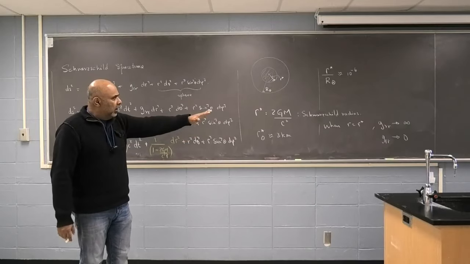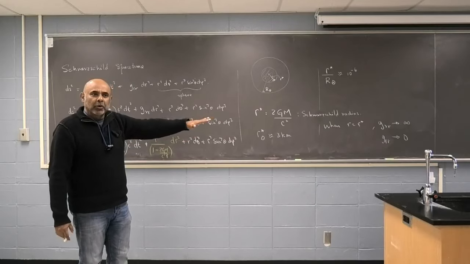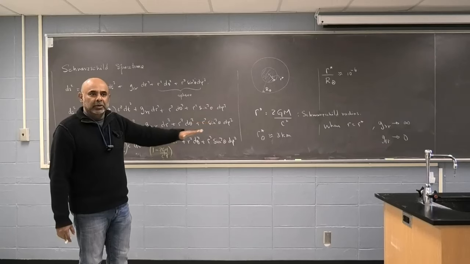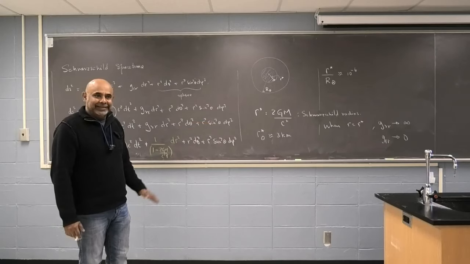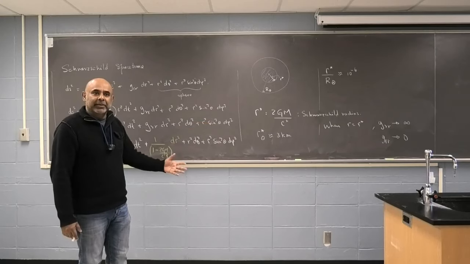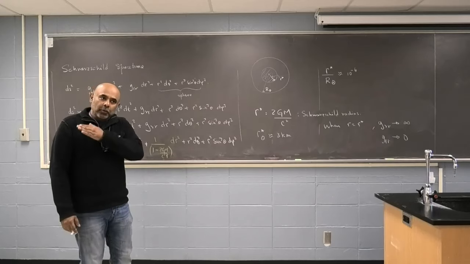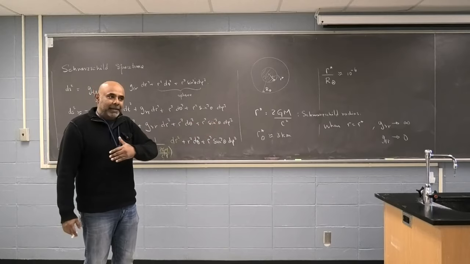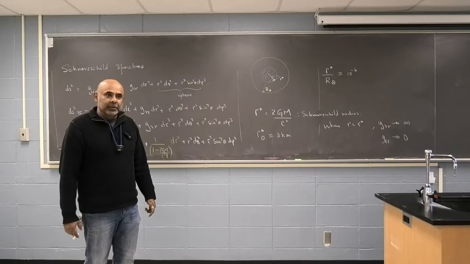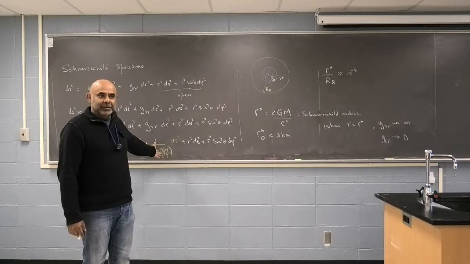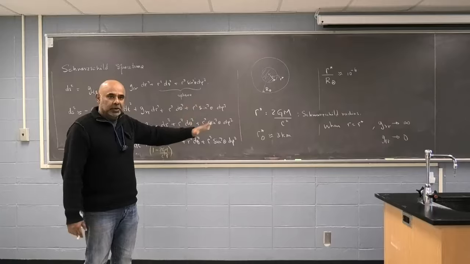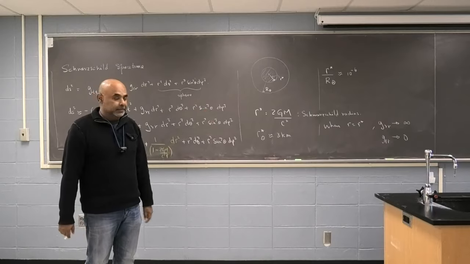But r equals r star is bad. If we don't get to r equals r star, we're good. Thankfully, if we're talking about the sun, unless you want to go way inside the sun and come back and tell us about it, we won't be testing that limit. So for the sun, we're ready to do physics, and we will.